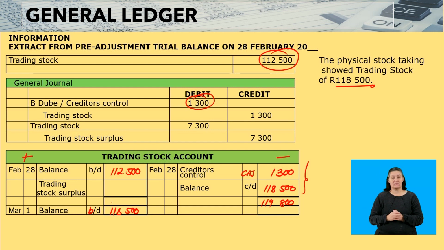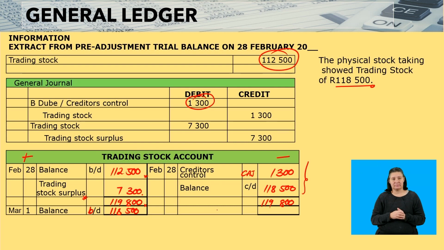So I'll come here, it is also 119,800. So I'll now say the difference here becomes my trading stock surplus. So I'm saying 119,800 minus 112,500. That gives me the 7,300.